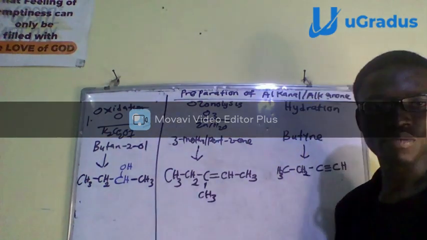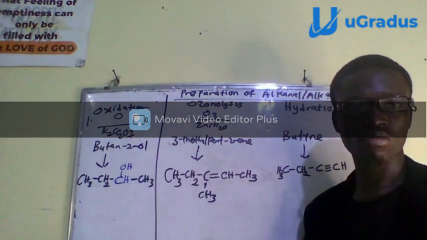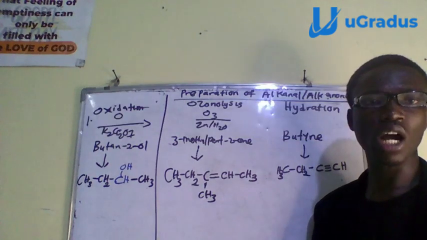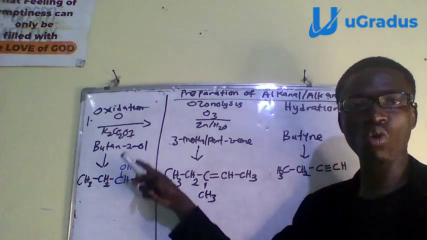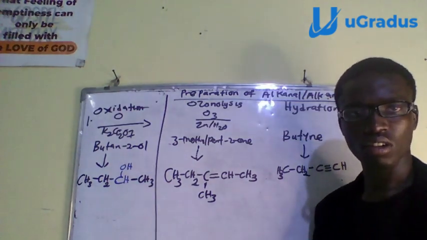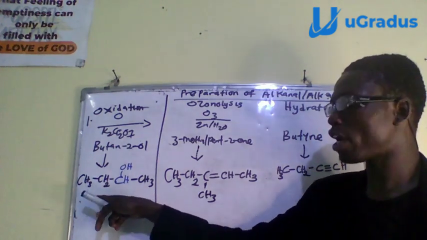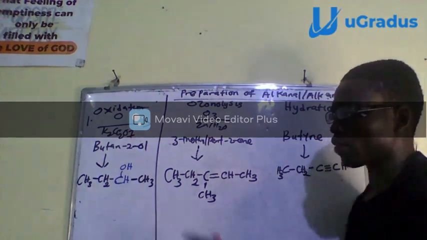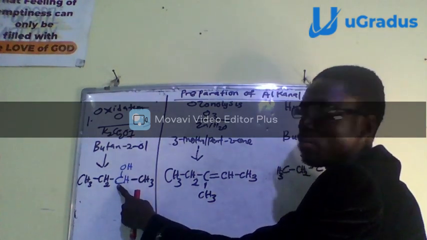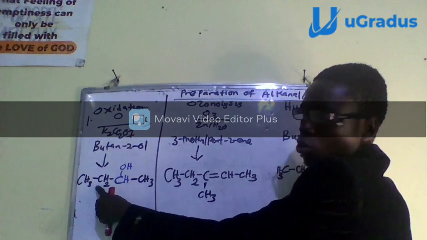The first reaction. This is butan-2-ol. Butan-2-ol is a secondary alcohol because the carbon with OH is carrying one hydrogen. In terms of carbon, the carbon with OH is surrounded by two other carbons, one here and one here.